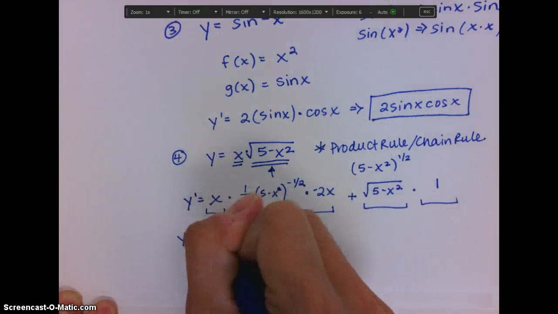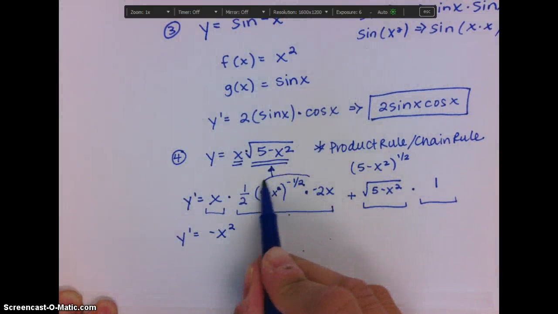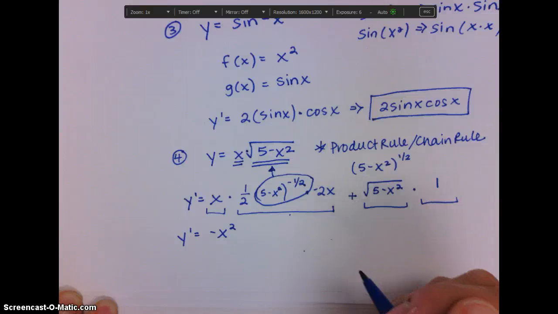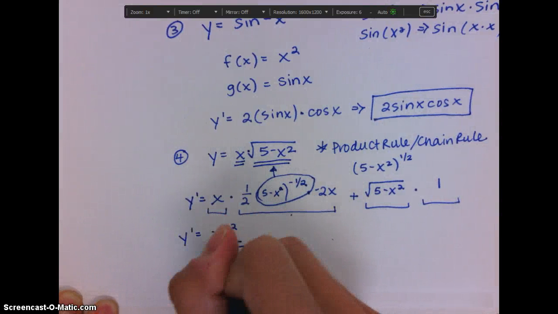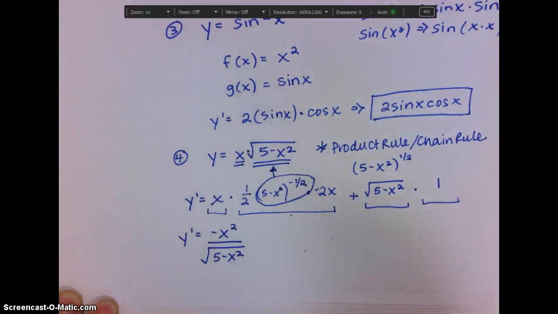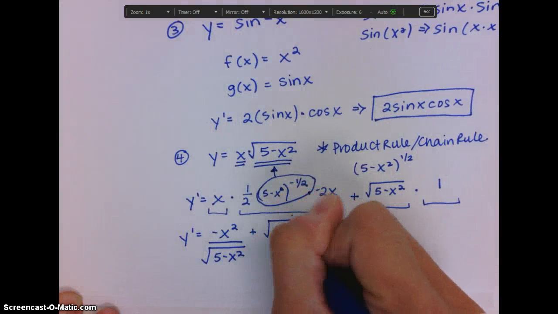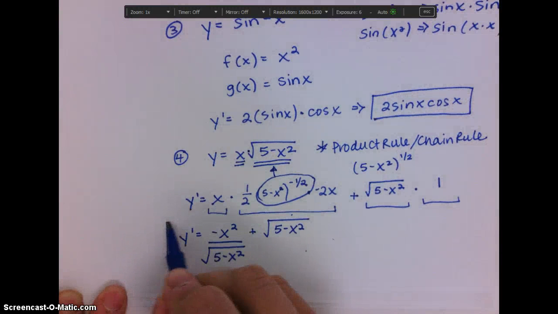So in simplifying that part, I get negative x squared, and then this right here, 5 minus x squared to the negative 1/2, is the same as 1 over the square root of 5 minus x squared. So in my denominator, I'll have that square root piece. I'm going to add that to the square root of 5 minus x squared. So this is my derivative.